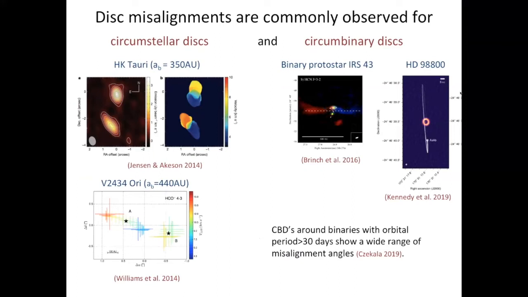The dashed lines in the image show the cross-section of the three disks, and you can see that all of the disks are misaligned to each other. The image on the far right shows HD98800, and this disk is misaligned by almost 90 degrees to a central binary. So generally, misalignments are seen for wider binaries with orbital periods greater than about 30 days.